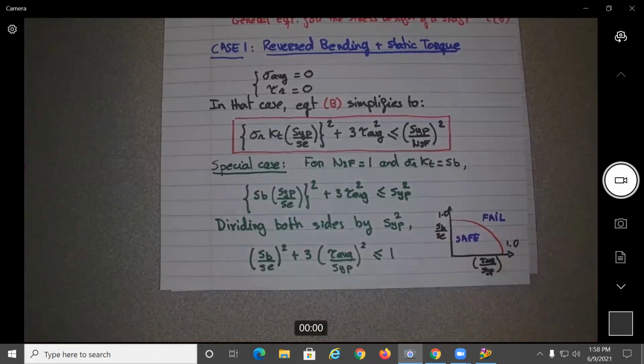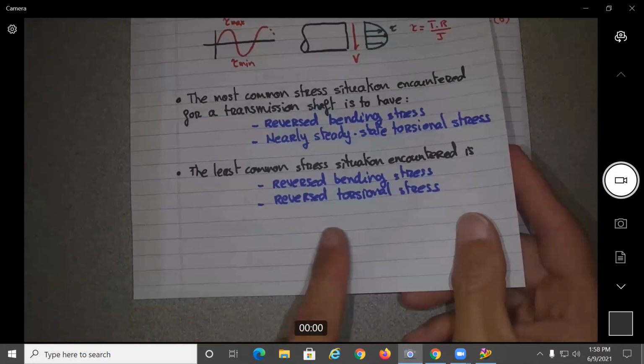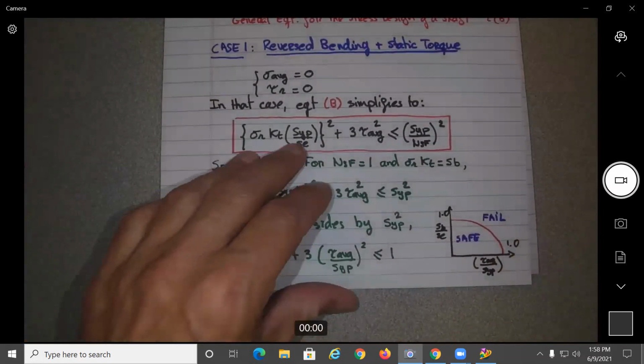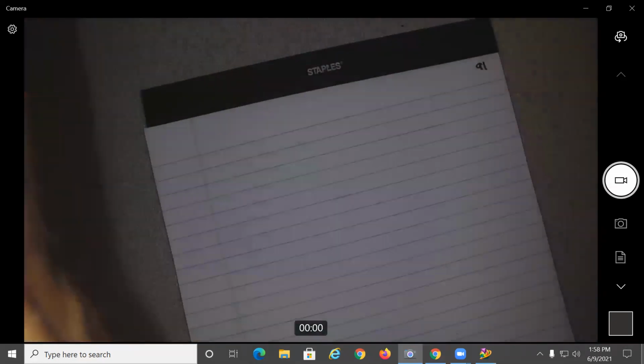Okay, so similarly, the least common case is when you have reverse bending and reverse torsional stress. That means you're going to have both fluctuating loads.